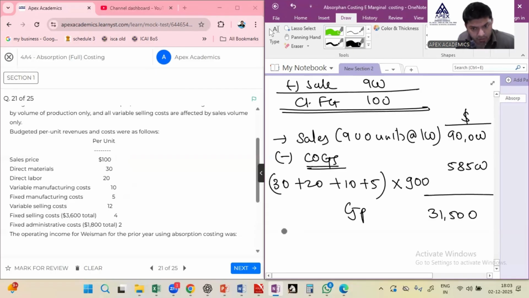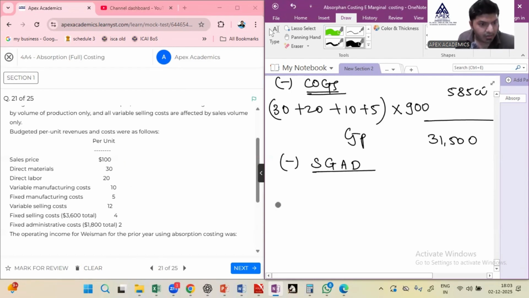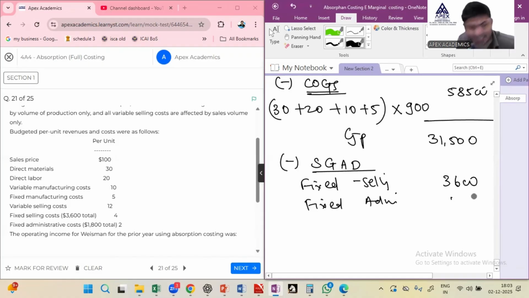From gross profit, I will subtract selling, general, administration and distribution expenses. First of all, I will go with my fixed selling. My fixed selling is 3,600. I will next go with my fixed admin. My fixed admin is 1800, and I have then my variable selling. Please try to understand that my variable selling is 12 per unit.